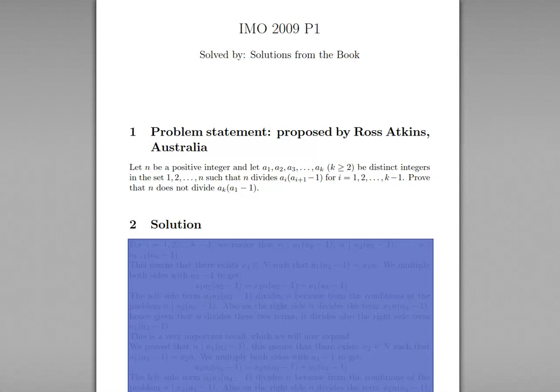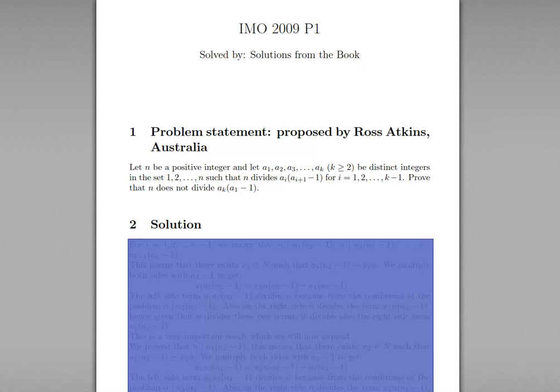This problem was given in IMO 2009, which is the most prestigious Olympiad around the world for high school students. It was held in Germany. As many of you might know, the IMO consists of 6 questions, which are given over 2 days, with a time of 4.5 hours a day for 3 problems.